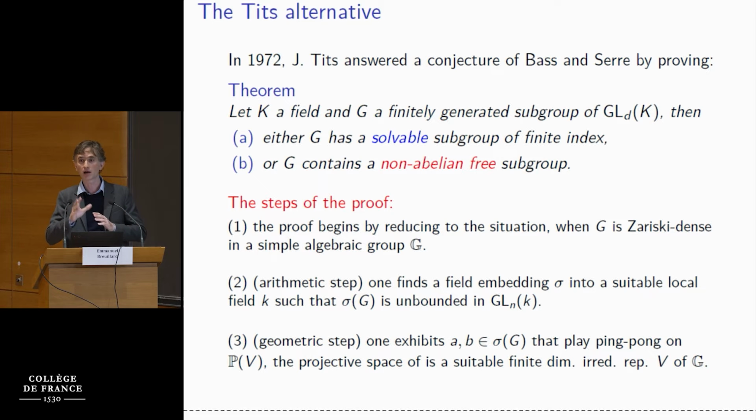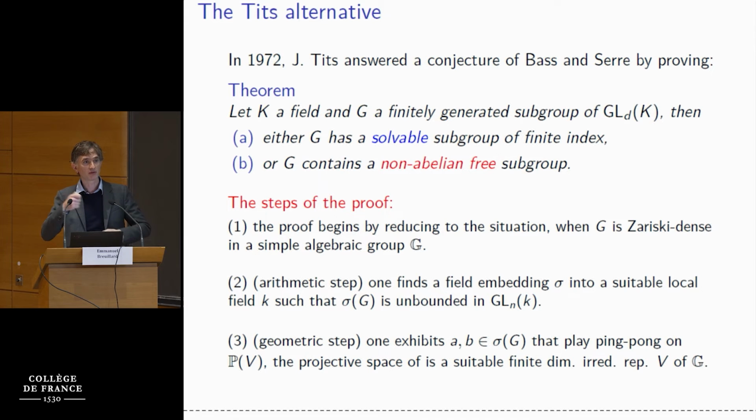This local field could be R, could be C, but it could be a p-adic field. Okay, and it's unbounded. So now that it's unbounded, you can find elements that will have eigenvalues of modulus different from 1.